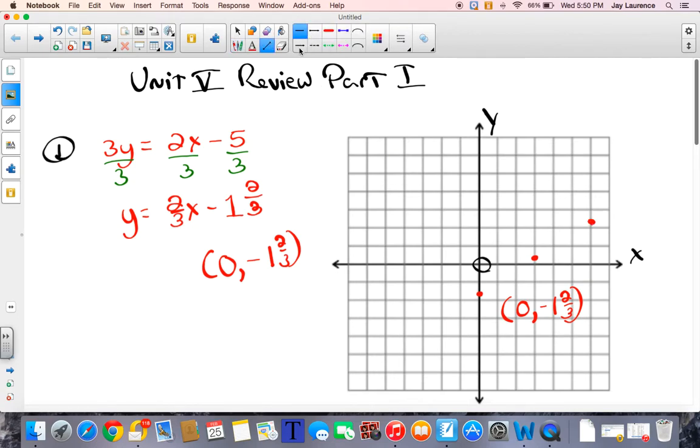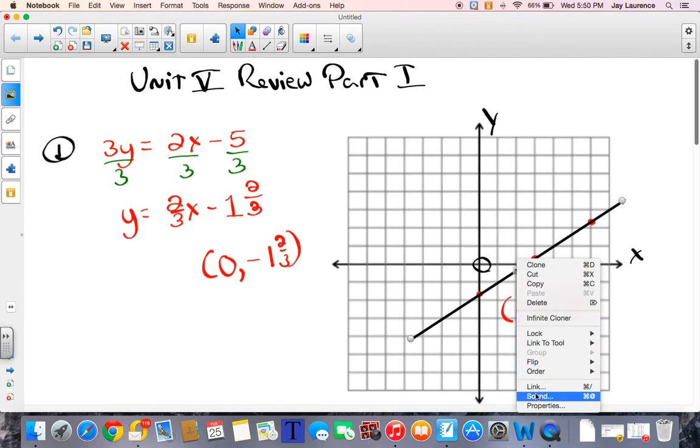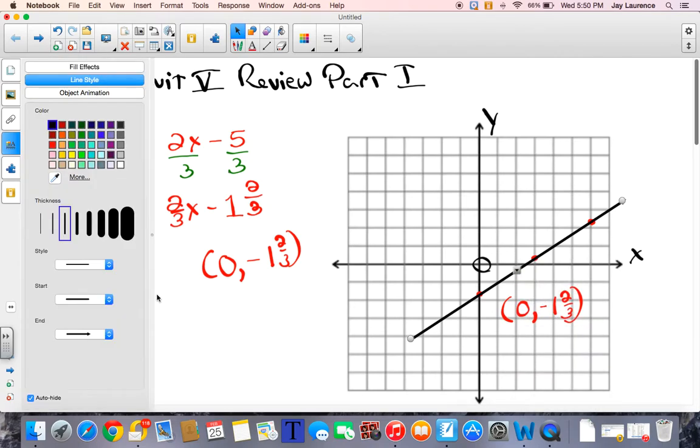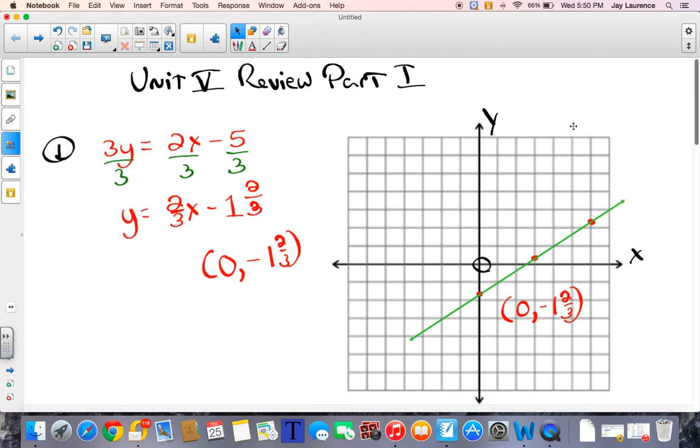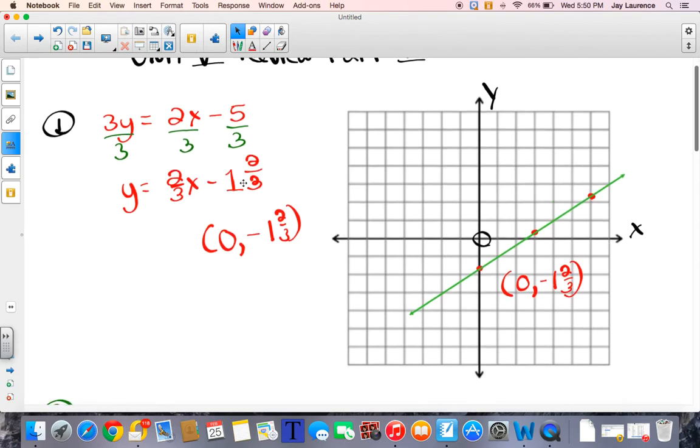All right, so I can draw my line. It's going to do something like this. There we are. Okay, pretty simple stuff. Even with that ugly y-intercept, we can still do the problem.